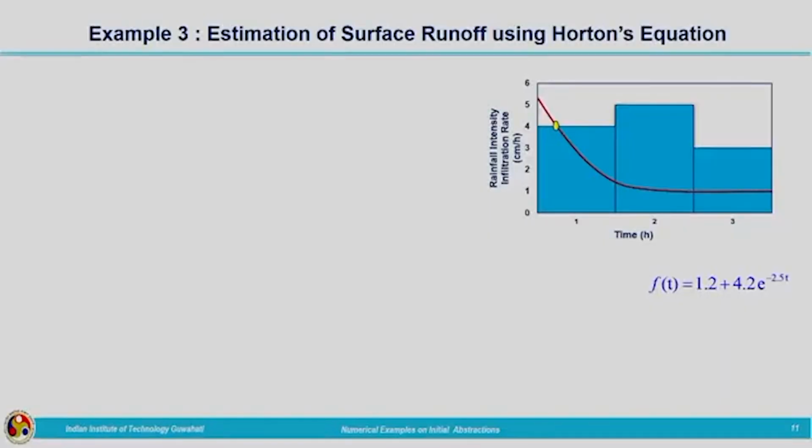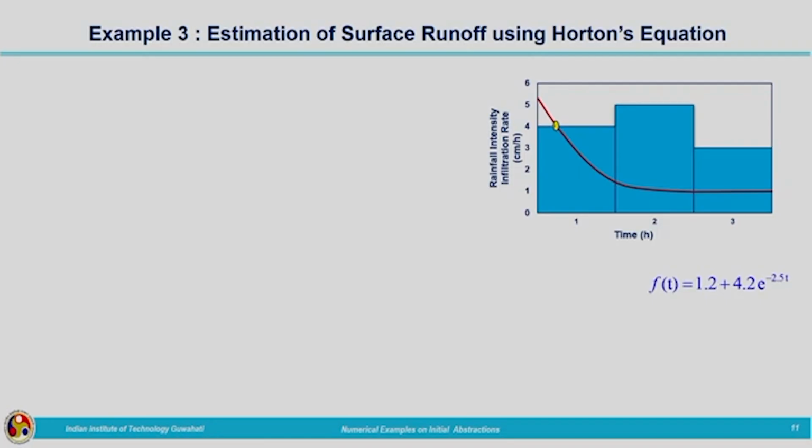Up to a certain time, rainfall intensity is less than the rate of infiltration. So, till that time, whatever rainfall is falling on the ground will be infiltrated into the ground. After that particular time, marked by this yellow dot, you can see that infiltration is drastically reduced and the rainfall experienced by the catchment is more than the infiltration rate.